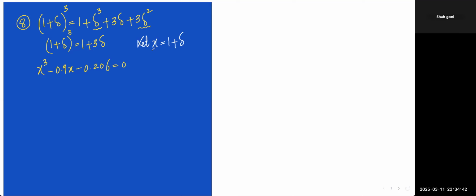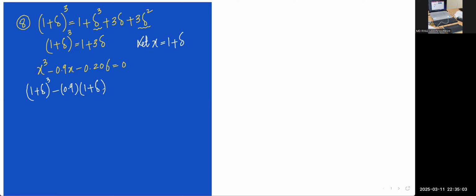And this x value we can replace for the x term. So it becomes (1 plus delta) whole cube minus 0.9 into x value, which we have assumed is 1 plus delta, minus 0.206 is equal to 0.